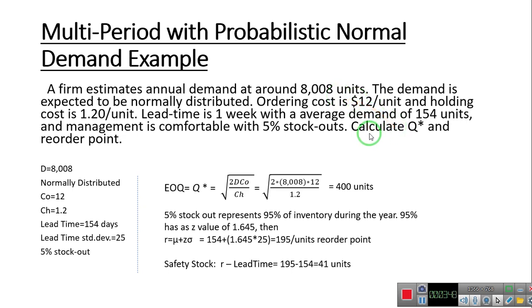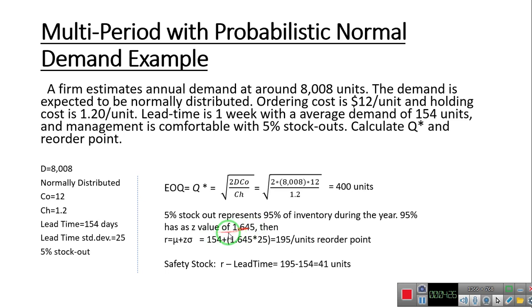So calculate the Q, calculate the reorder point. Your EOQ, remember, it's a basic formula, is 400 units. A 5% stockout represents 95% of the time you have inventory during the year. And 95% has a Z value of 1.645. You look at the tables, or you use the formulas that I've been giving you to calculate that.